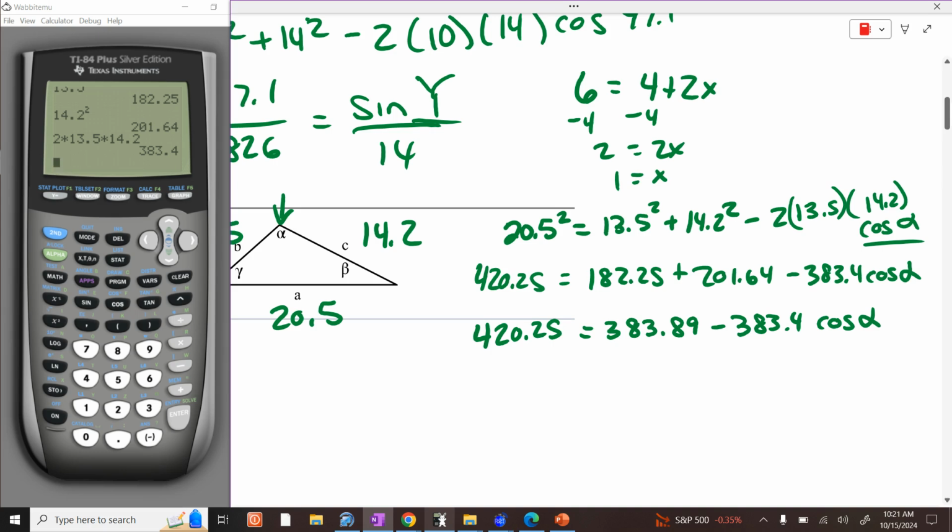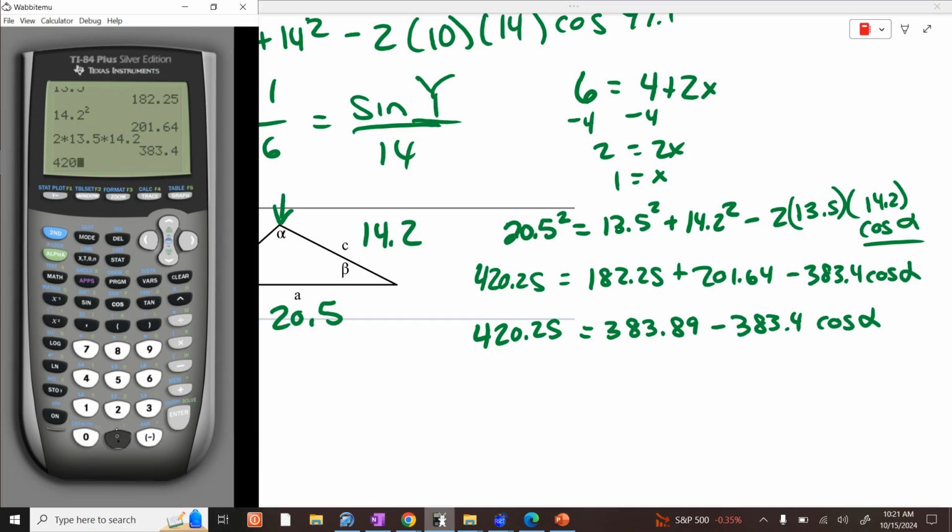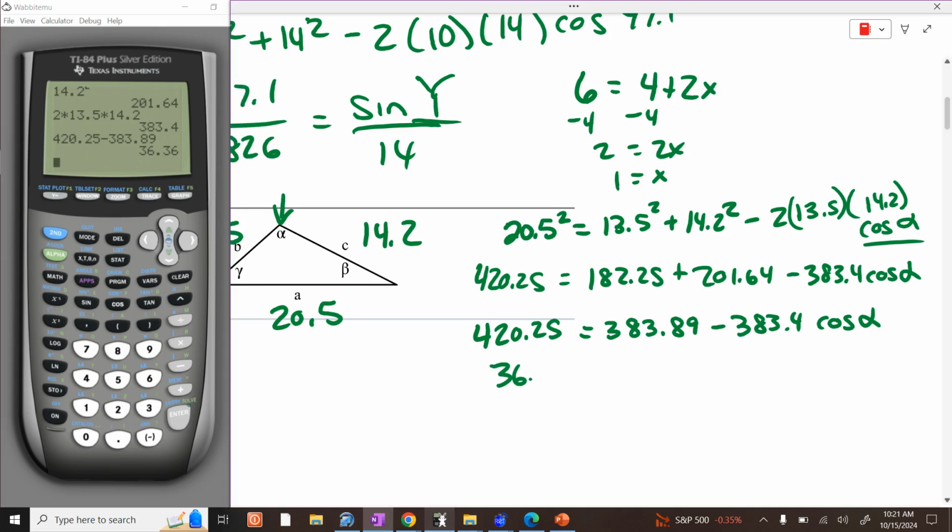Okay. So on this one, we cannot subtract these two because there's multiplication here. So you have to move this to the other side first. So you take 420.25 minus 383.89. 36.36 equals negative 383.4 cosine of alpha.